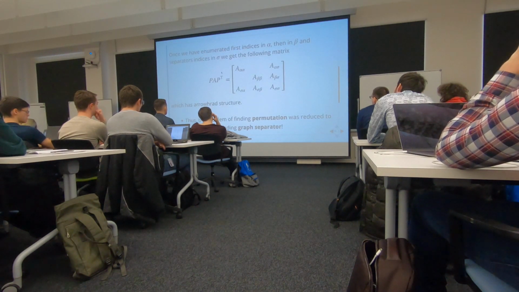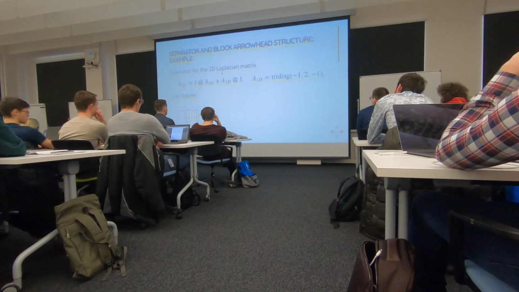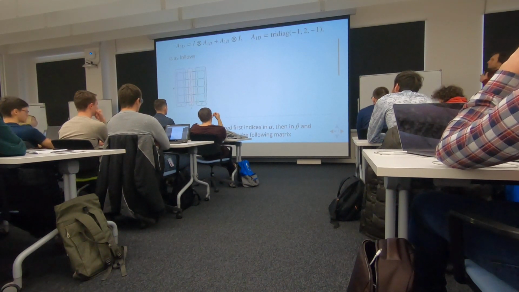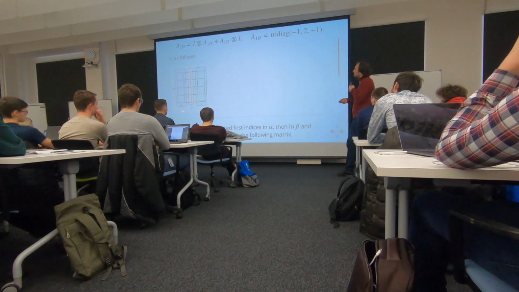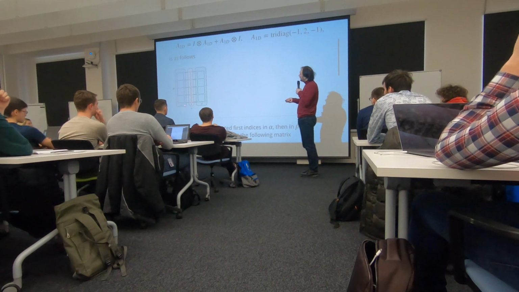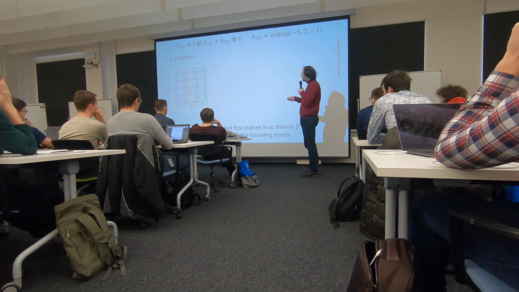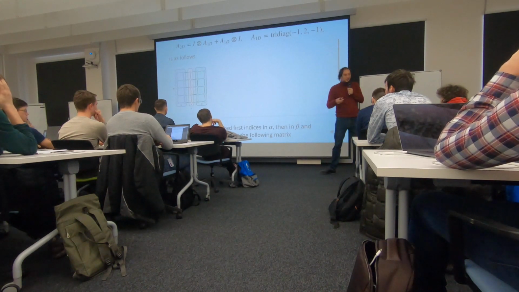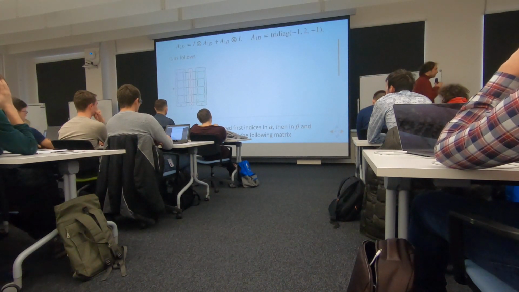After this permutation, inside each component we permute the vertices in arbitrary order, and the separator variables in arbitrary order, and we will have exactly the block arrowhead structure.